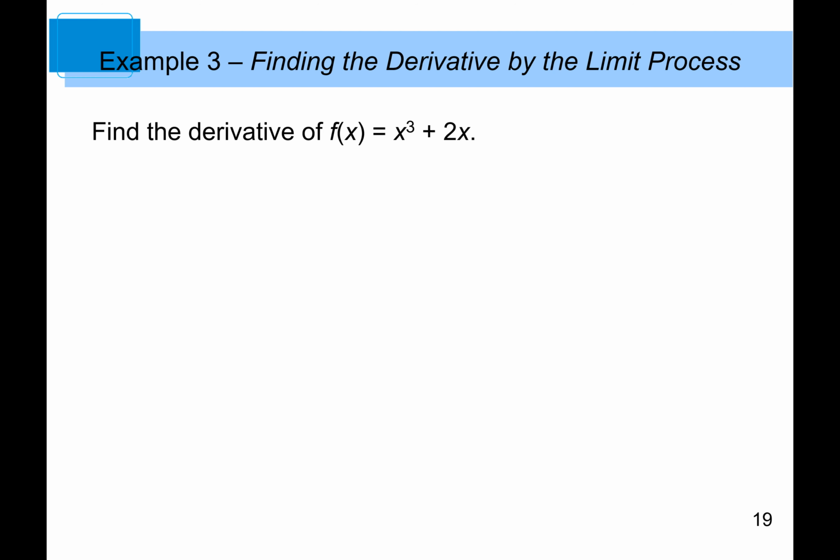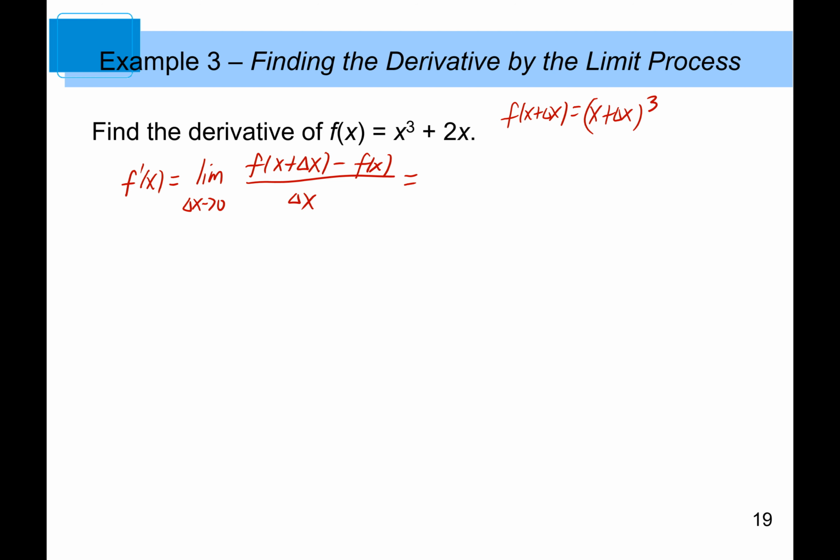So let's learn how to find the derivative of f of x equals x cubed plus 2x. We're going to use the limit definition. So f prime of x equals the limit when delta x approaches 0 of f of x plus delta x minus f of x over delta x. Using the function notation, f of x plus delta x equals x plus delta x cubed plus 2 times x plus delta x.